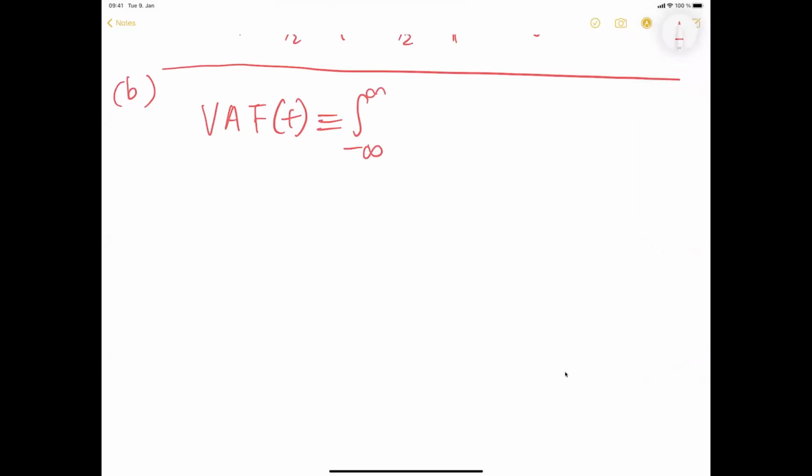By definition, it is equal to the integral from minus infinity to plus infinity of the velocity v of tau, and with a time delayed v of t plus tau, the integral with respect to d tau. This definition is in probability theory.